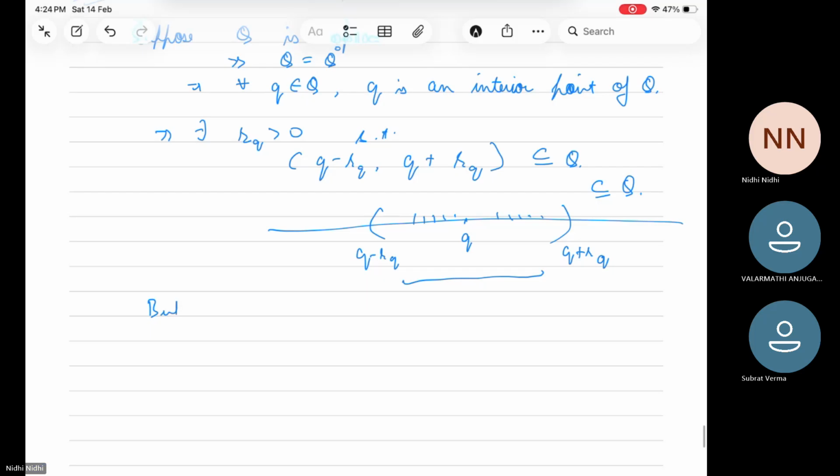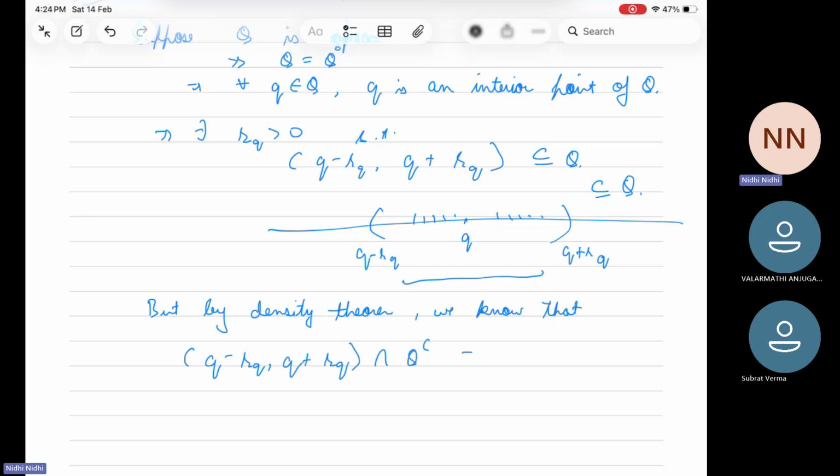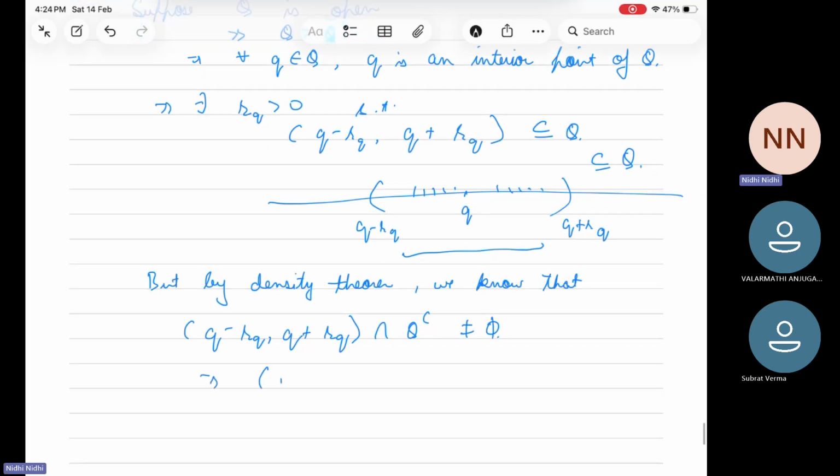But by density theorem, we know that this intersection of the interval q minus r_q to q plus r_q with the set of irrationals is non-empty. Therefore, the interval cannot be contained in the set of rationals only.